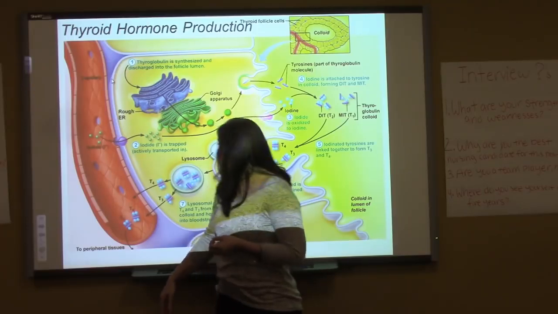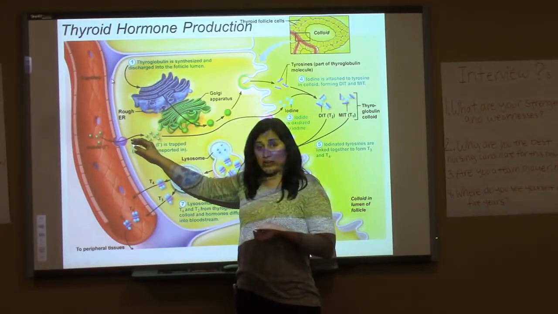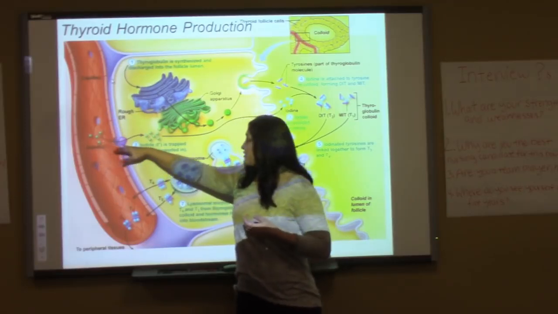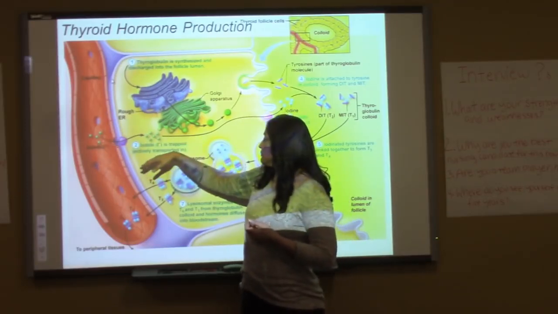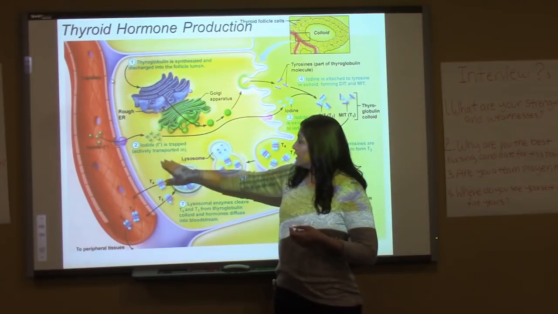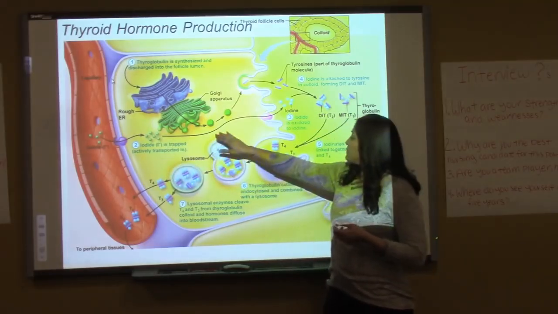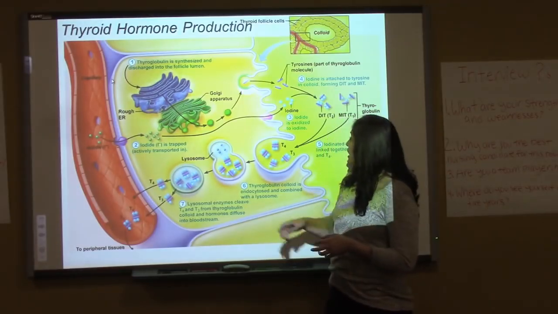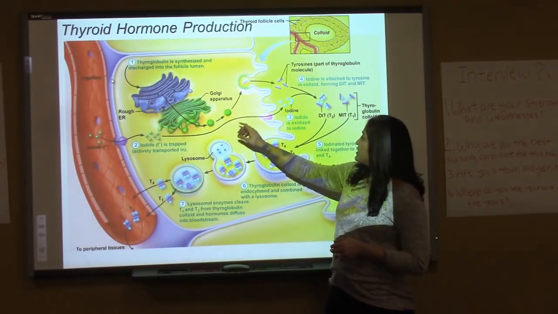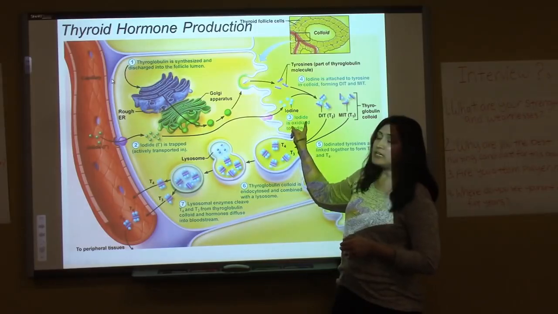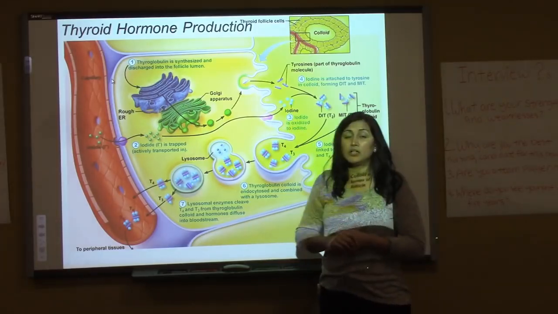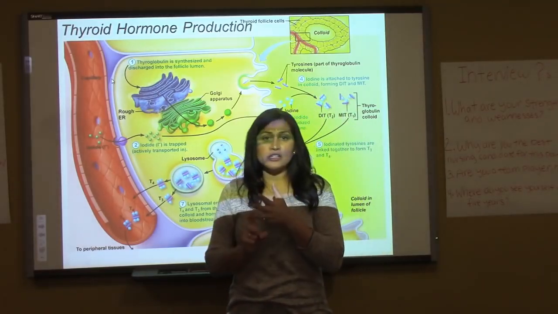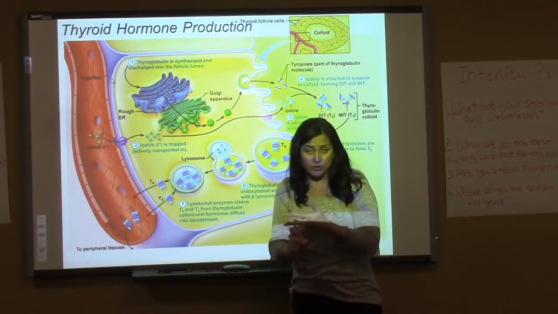So sodium goes down its concentration gradient, collecting energy to transport iodine into the follicular cell. Now when iodide is in the follicular cell, it basically has to be converted into iodine, because that's the active form. So that iodide is converted to iodine and then secreted into the colloid. So we have now just produced thyroglobulin, and we have just brought in iodine.